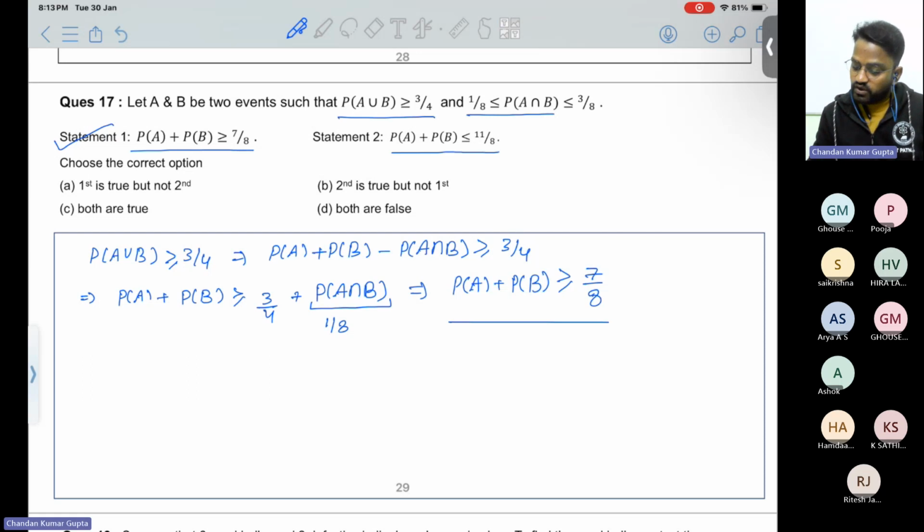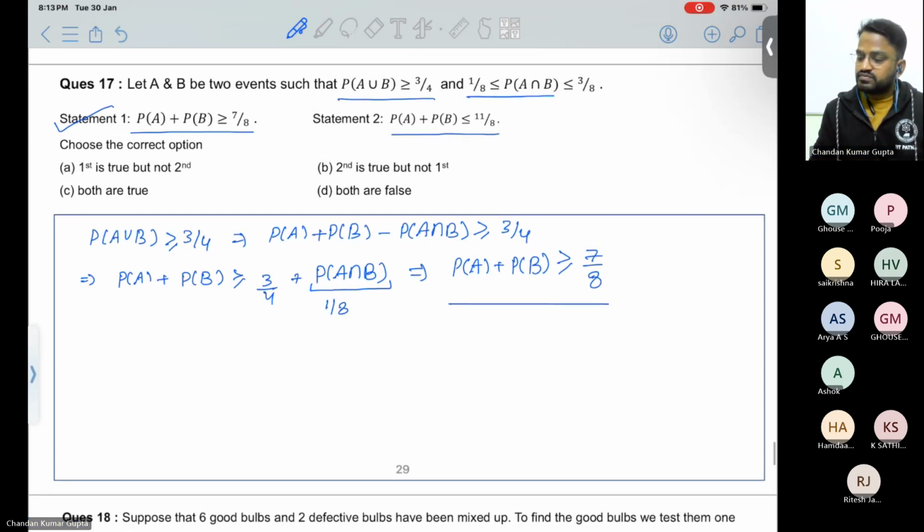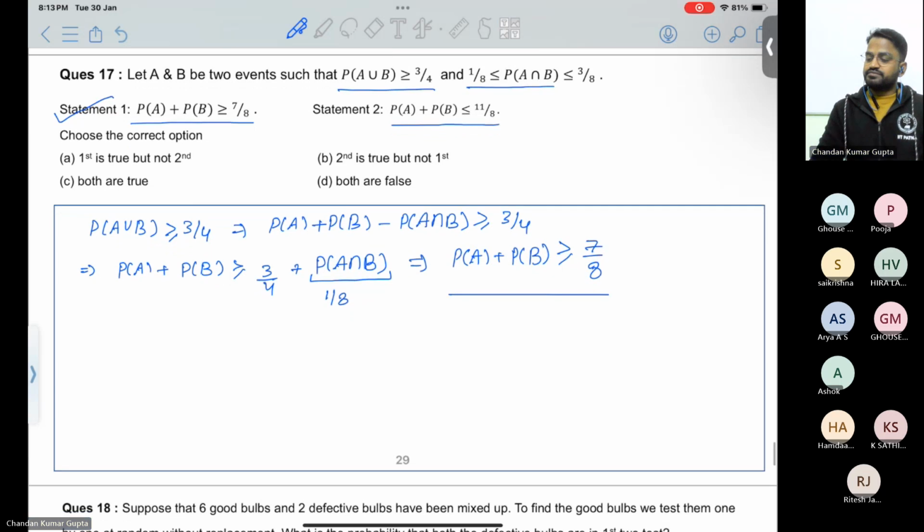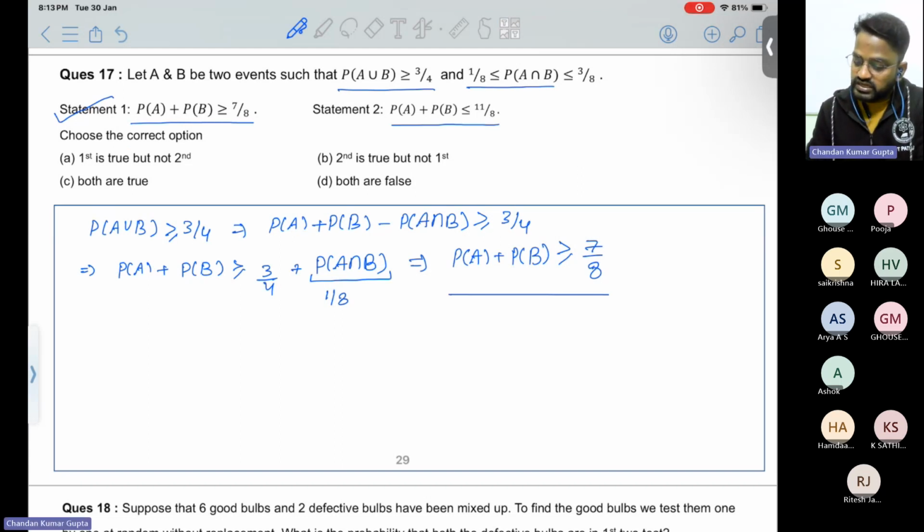Okay, and now we put the value again. And we got 3 by 8 and plus the maximum value of this. What is the maximum value here in the same case?